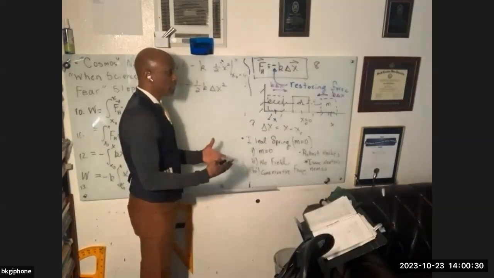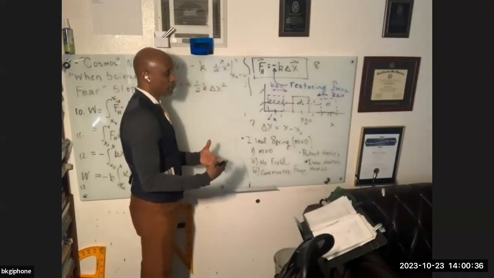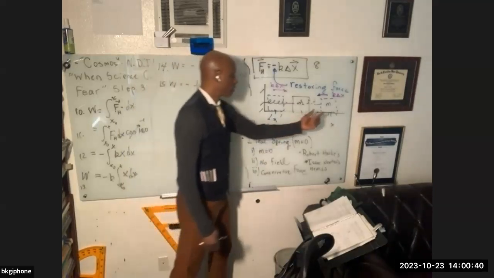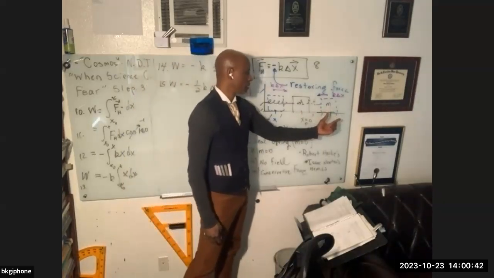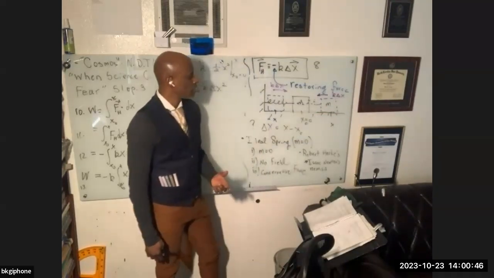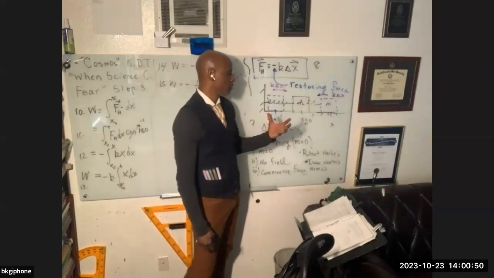So what did the restoring force do? What type of work did it do? How is it positive if no energy is going into the system when it goes from the amplitude x to x naught? Well, it's the restoring force.